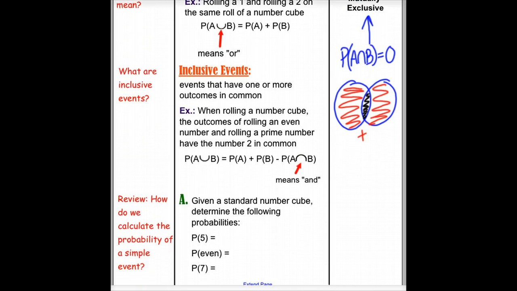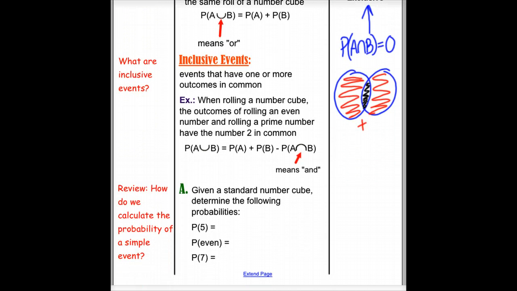So before we get started looking at compound events with mutually exclusive versus inclusive, let's review how we calculate the probability of a simple event. We have here a standard number cube and we're going to roll it once. If you recall, a standard number cube has a sample space of 1, 2, 3, 4, 5, and 6. So there are 6 possible outcomes.